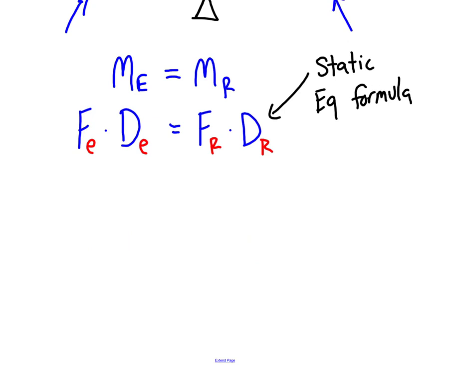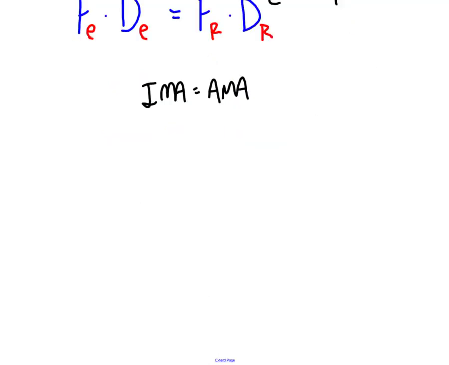by doing this. If we do IMA equals AMA, which in the real world is impossible, we haven't come to that yet, but we'll get there. How do you find IMA? IMA here is DE over DR. And AMA is FR over FE. When we cross multiply those things, what do you get?